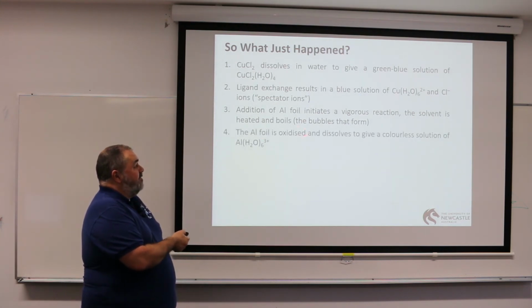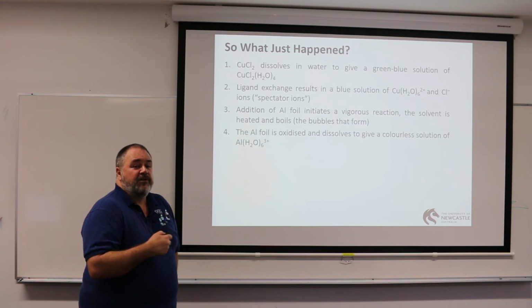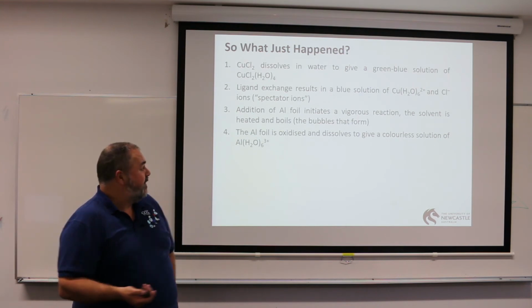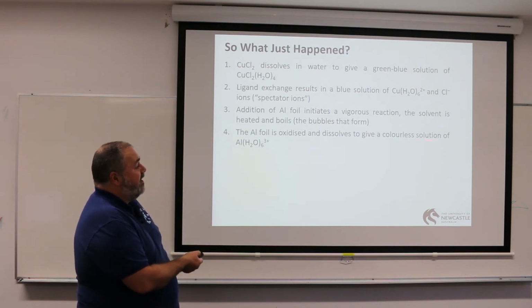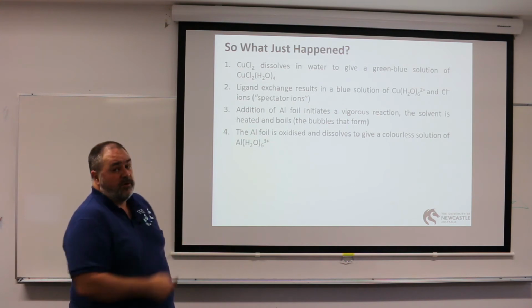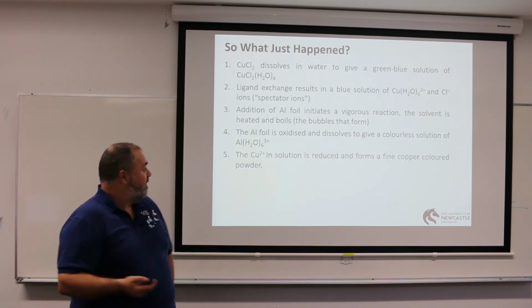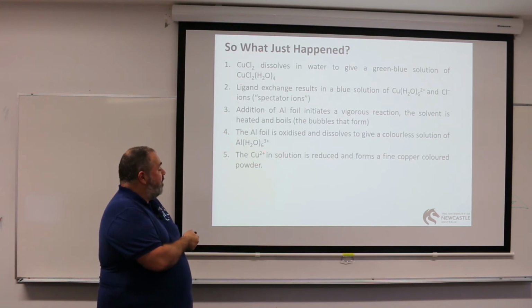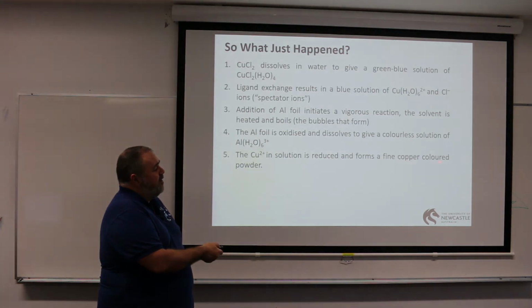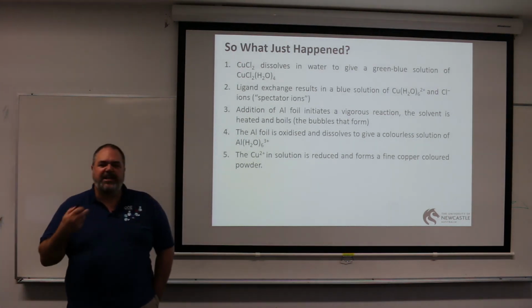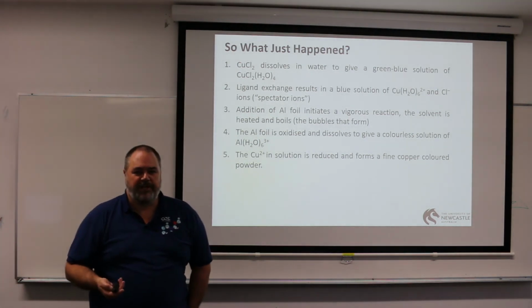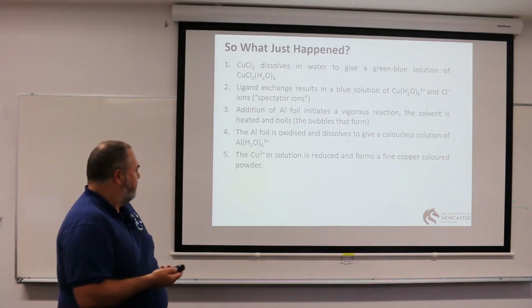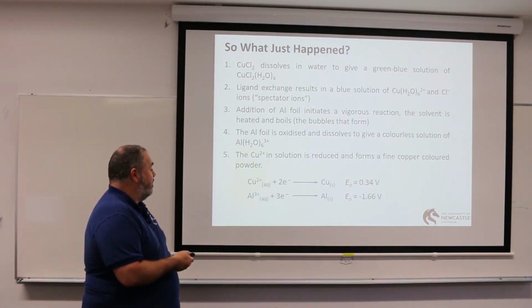The aluminium foil is fully oxidized, and so it goes into solution as aluminium 3+, a colourless solution of the hexaaqua complex. Finally, when I swirl it around, we see copper 2+ being reduced and a nice fine powder of copper-coloured copper metal forming in the base. And so the reaction has occurred.